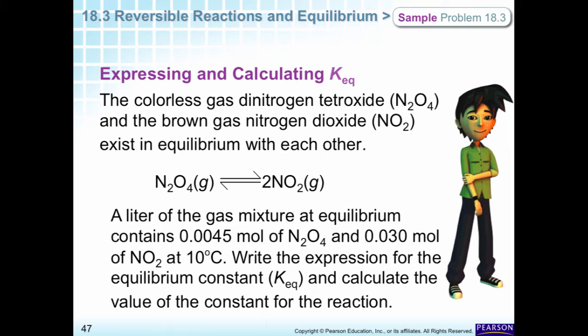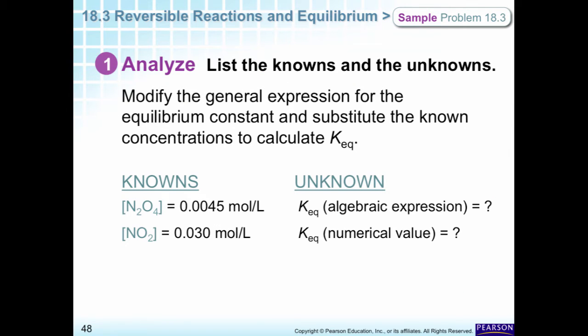So how can we calculate this? Well, we have to know something about the concentrations of our products and reactants. So if we look at this dinitrogen tetroxide and nitrogen dioxide, we have moles of each of them, and we can write, at 10 degrees, an equilibrium expression.